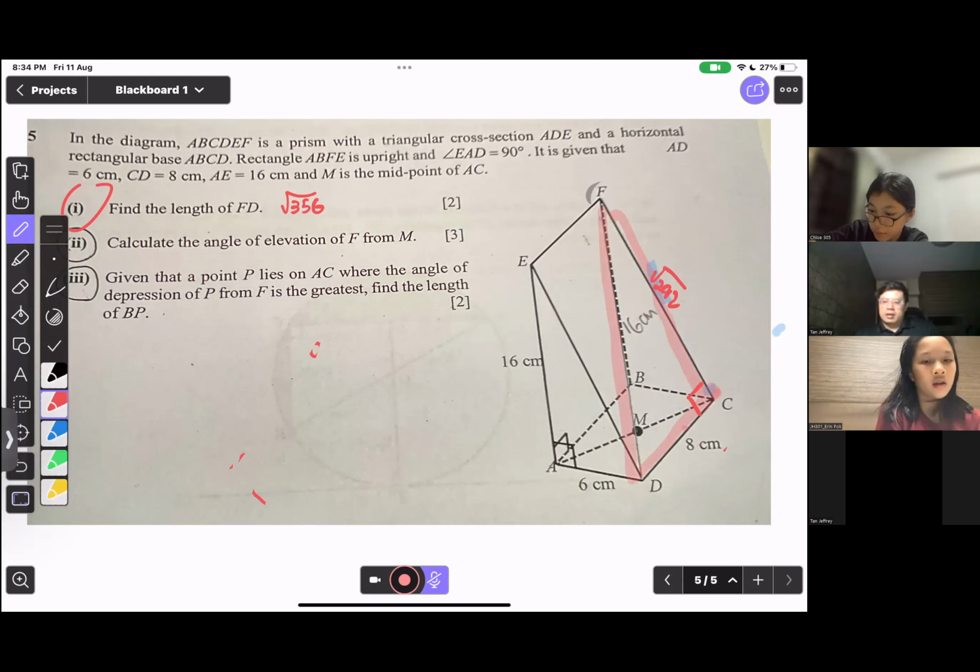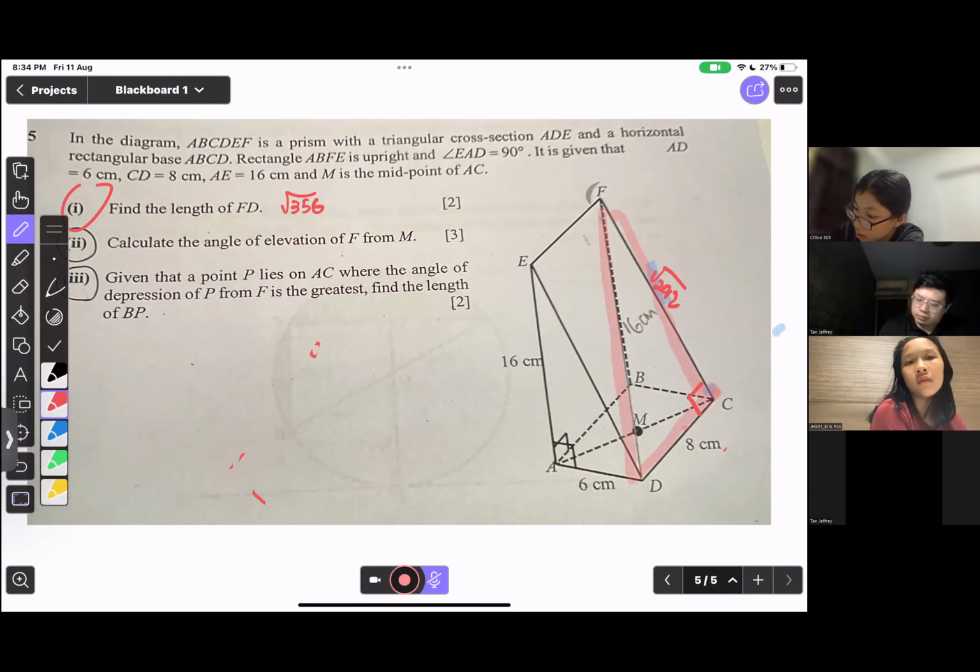Then find the angle of elevation of F from M. So I go to part 2. In part 2, you look at this triangle, which is FBM.